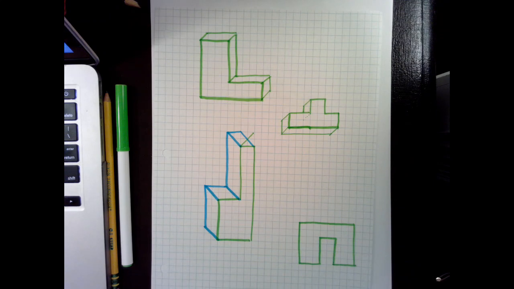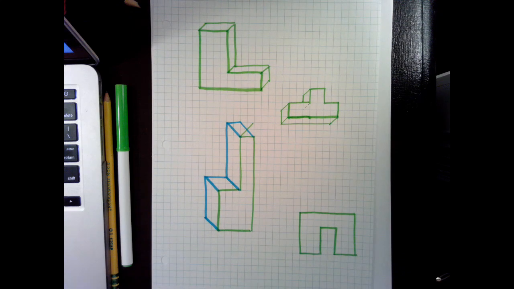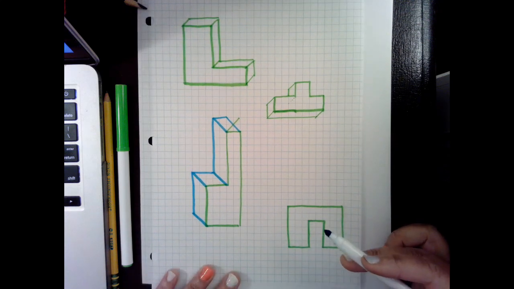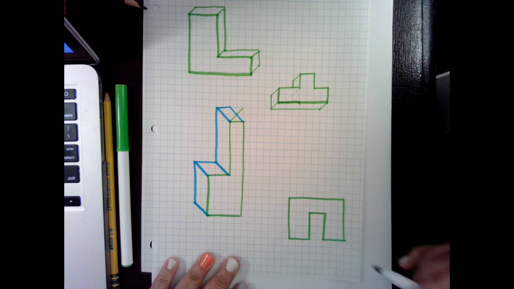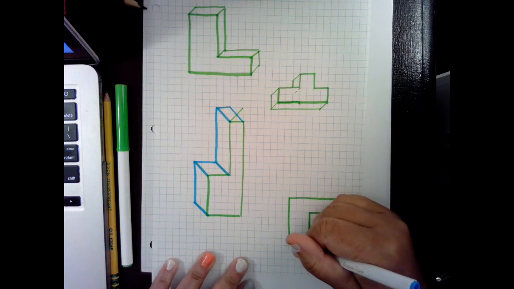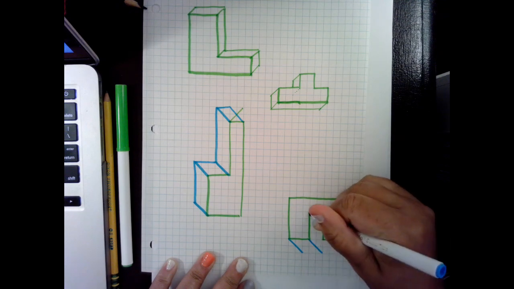Okay. And finally this little shape. I'm going to use blue again because that looks kind of cool. All right, let's see. We had one going this way, one coming this way, one going up this way. So this is going to come up this way. So we're going to have all our lines going down to the right. So let's draw them all coming down to the right.